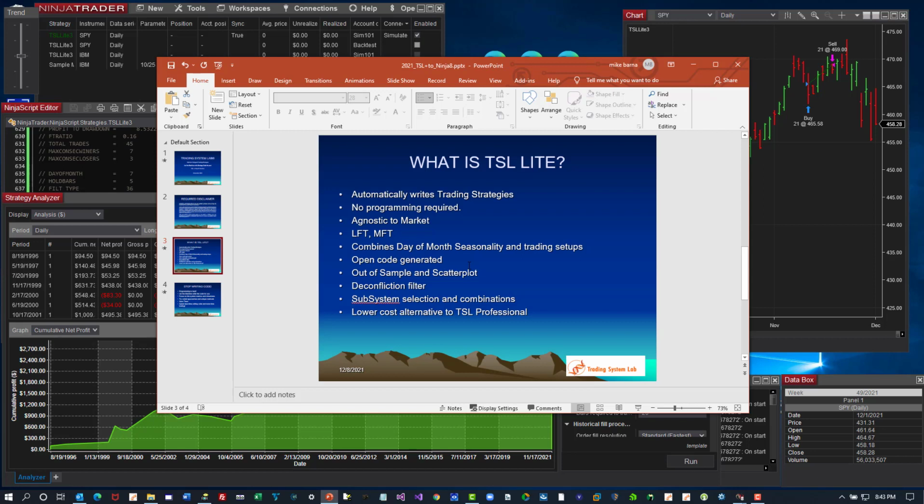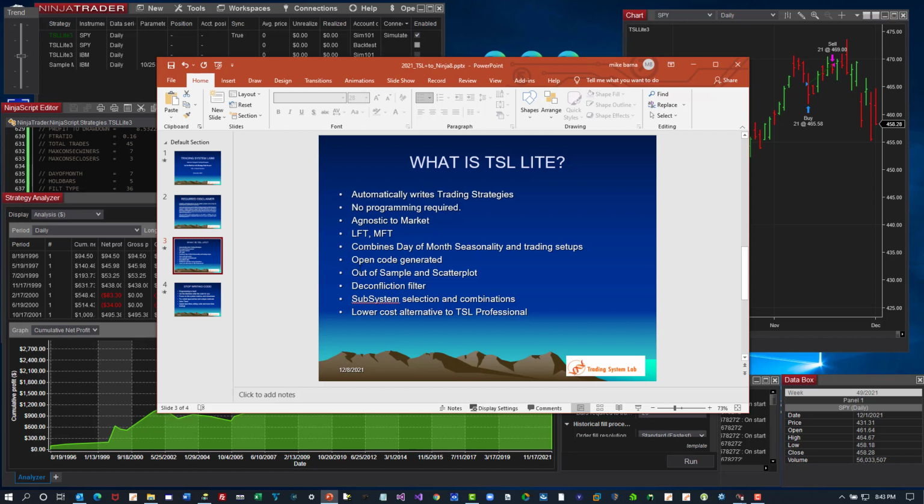That's where the TSL Lite platform comes into play, and that is far more complicated. But the complex stuff has been done for you. So you don't need to be a programmer, you don't need to know C# language, you don't need to learn a new programming language, you just need to run the platform and copy and paste the code into Ninja.